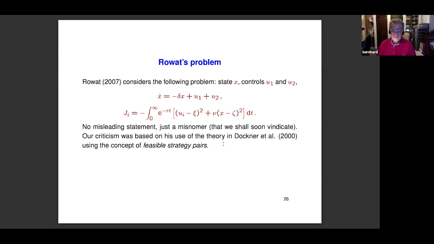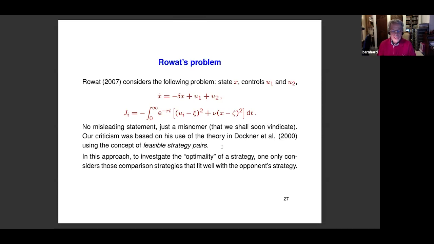And the reason is that he uses the theory of Dockner et al., a good and well-known book, which uses this concept of feasible strategy pairs. What is this concept in game theory?